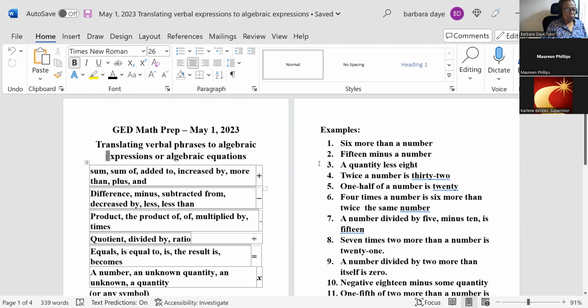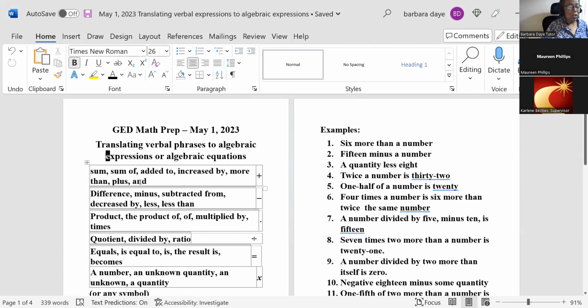equals. Now, when you see these verbal phrases, they're not always worded the same. Like plus could be some, it could be some of, it could be added to, it could be increased by, it could be more than, it could be plus, and it could be and.